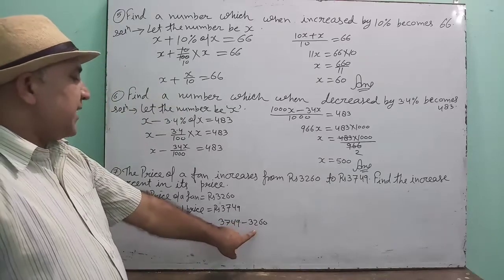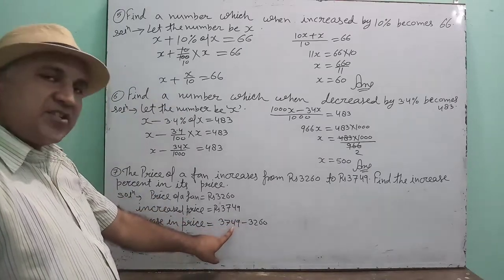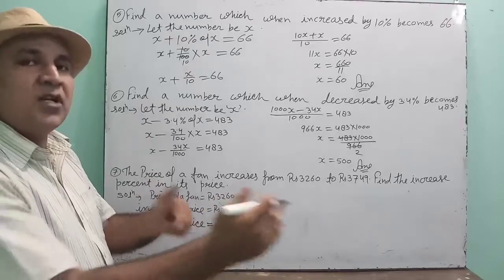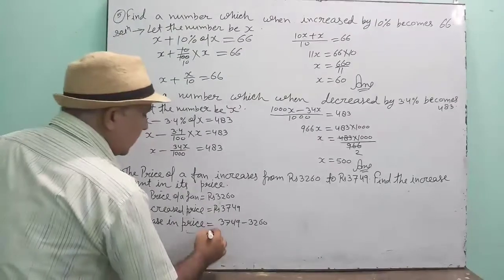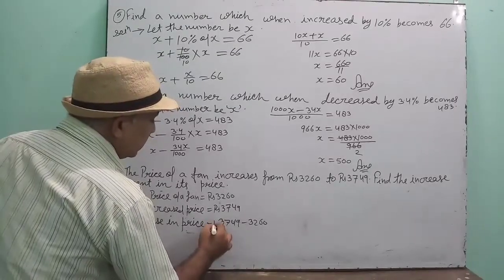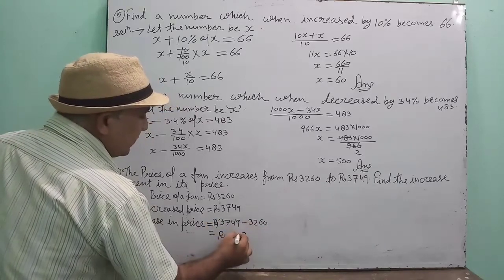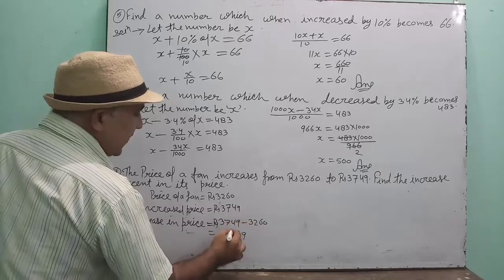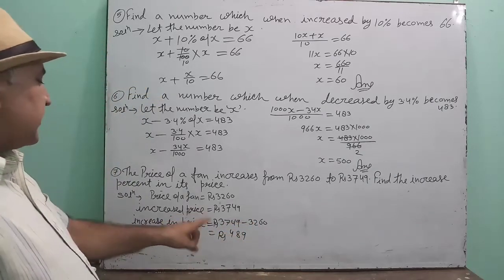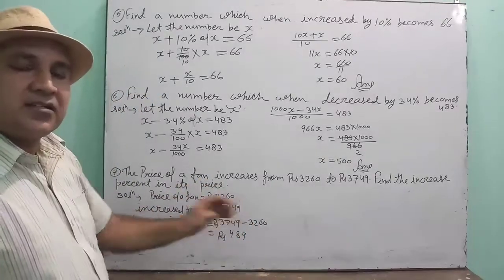When the original price is subtracted from the increased price, you will get how much the price is increasing. Okay. Now solve it. 9 minus 0 is 9. 14 minus 6 is 8. 6 minus 2 is 4. 489 rupees is the increase in price.